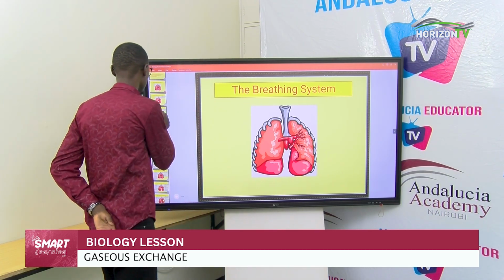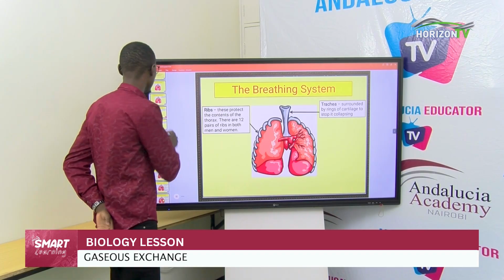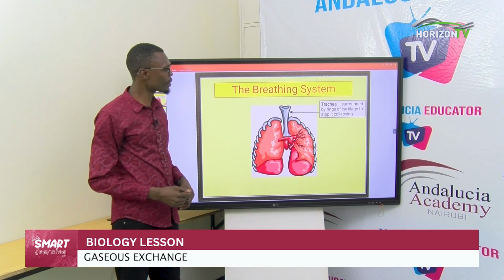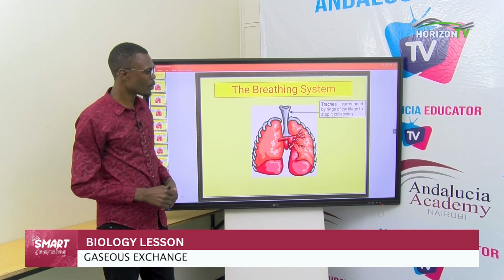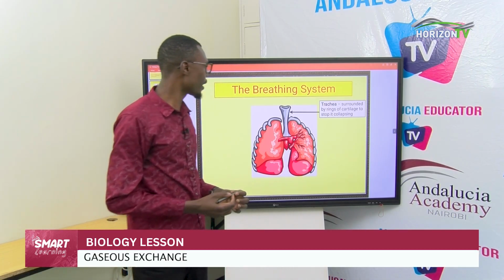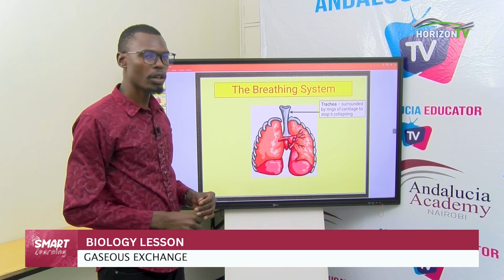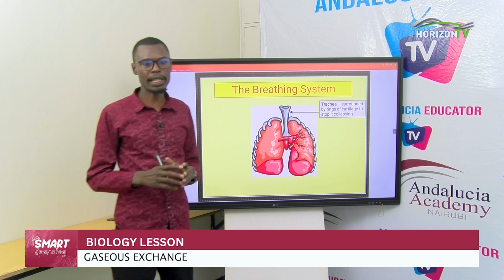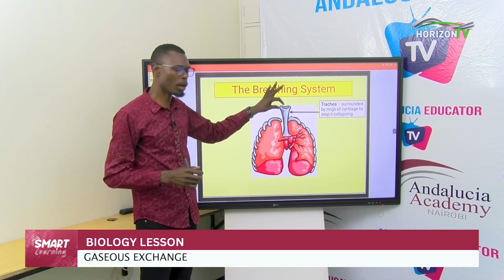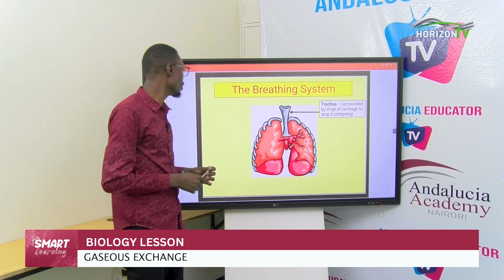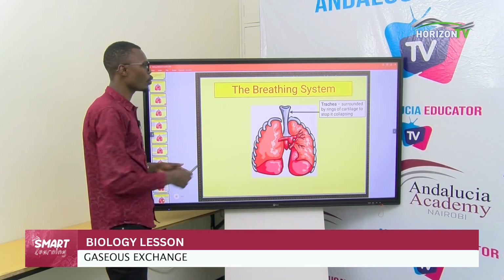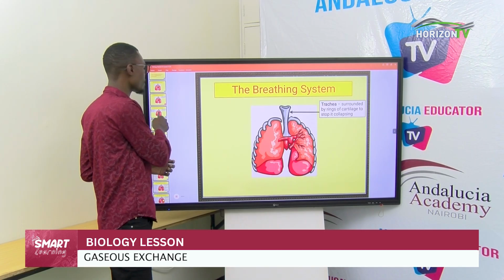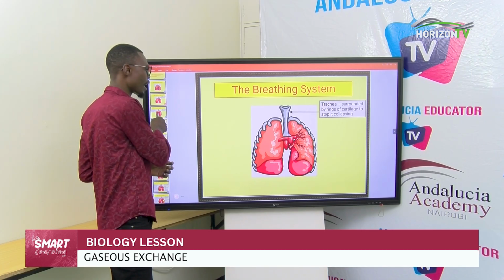The first part is known as the trachea, which is surrounded by rings of cartilage to keep it open and stop it from collapsing, so that it cannot block. The air will enter through the trachea. That is the first large tube, which has rings of cartilage.